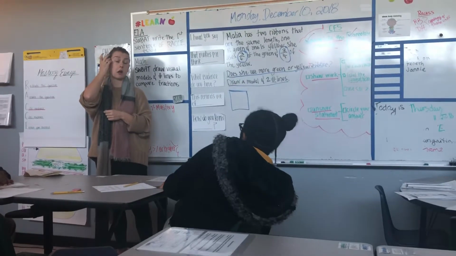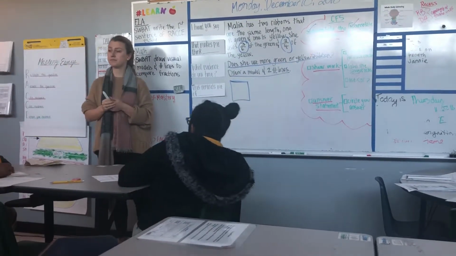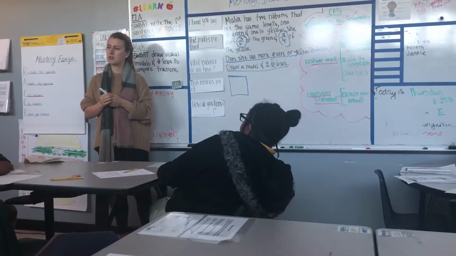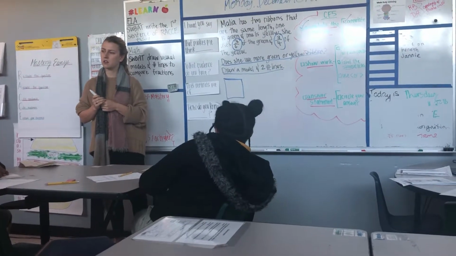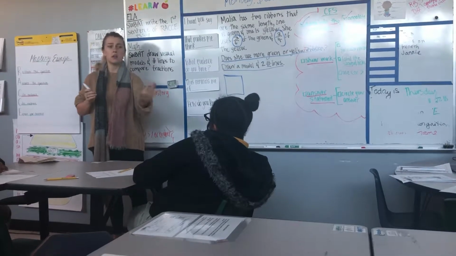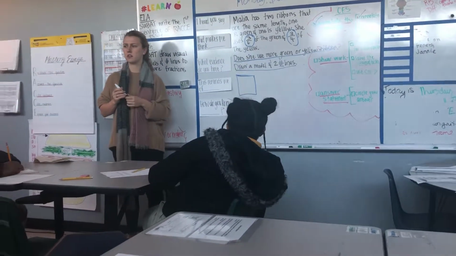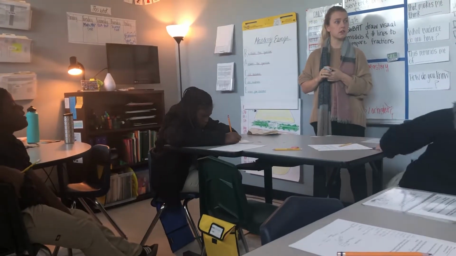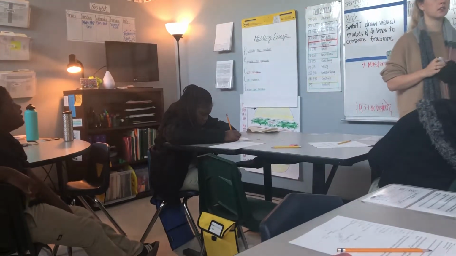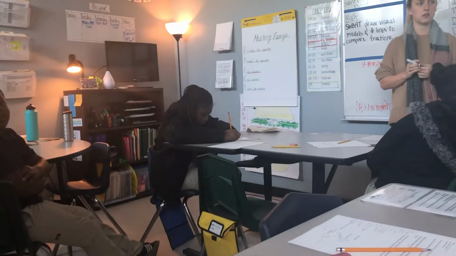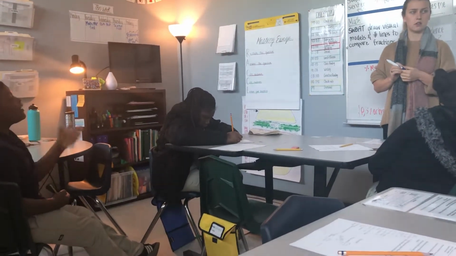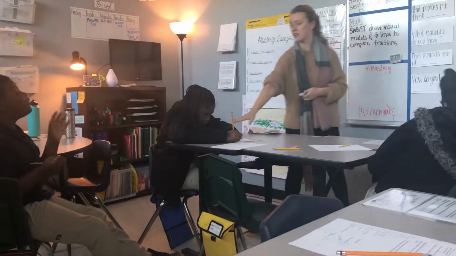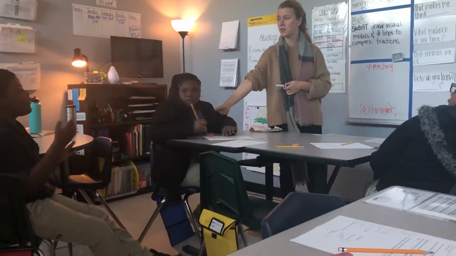So they could be equal, and both of them gotta have an equal amount. Because if one is small and one is big, the first one is gonna have a big piece and the other one a smaller piece.